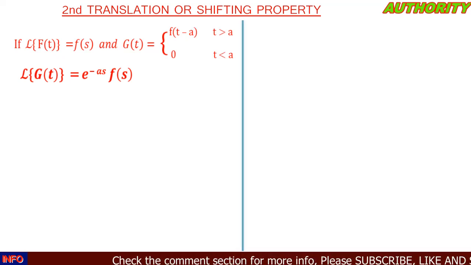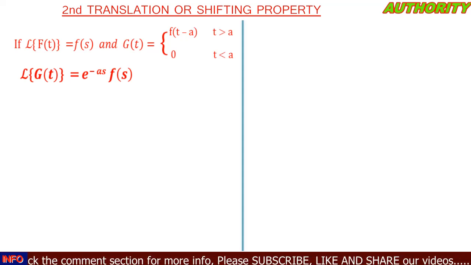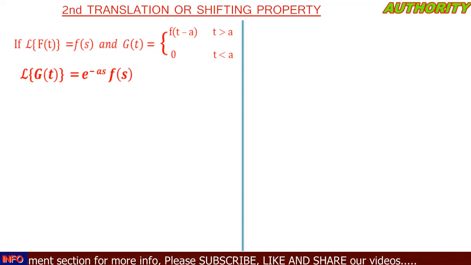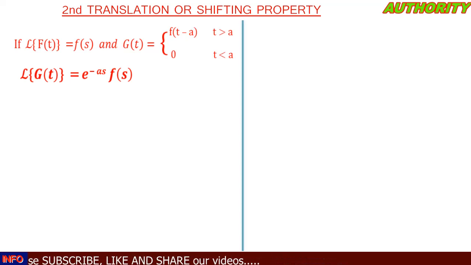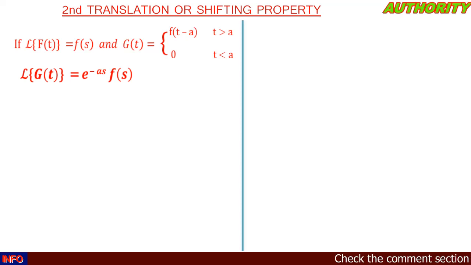This property is very interesting. Let's carefully take a look at the theorem once again. We said that if we have a function f of t, and when you take the Laplace transform of this function f of t, the outcome is F of s, right? Good. And then you have another function g of t, and this g of t is in two ways.